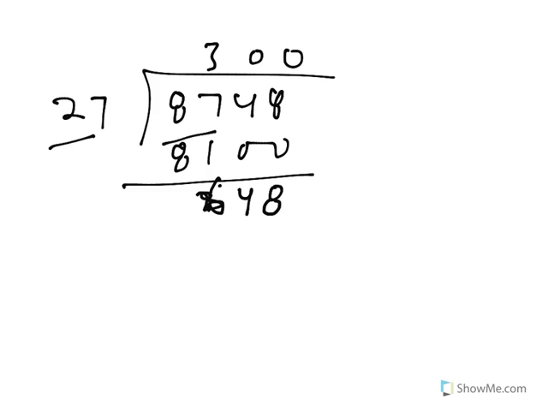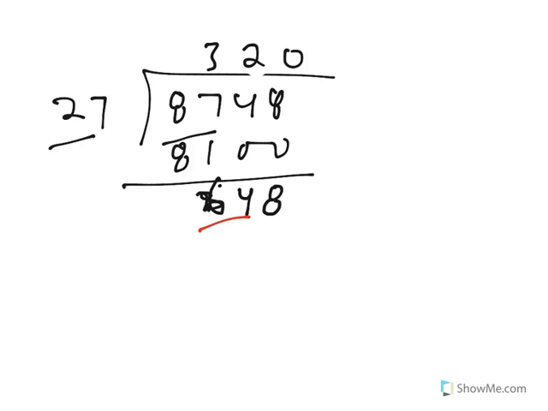But 648 is too big of a remainder, so now I want to see how many times 27 goes into 648. Well, 27 goes into 64 twice, which means 27 goes into 640 20 times, and I get to adjust this answer to 320.